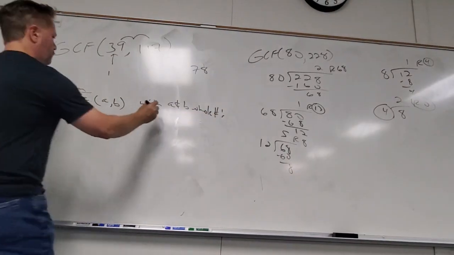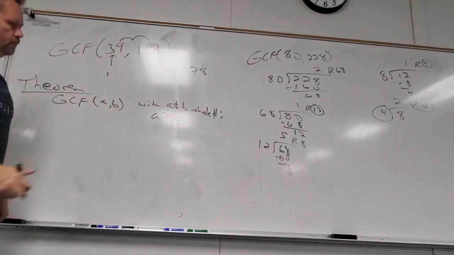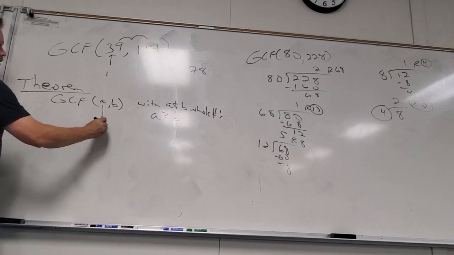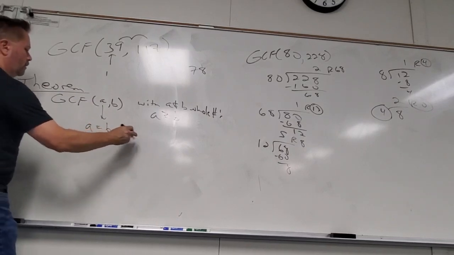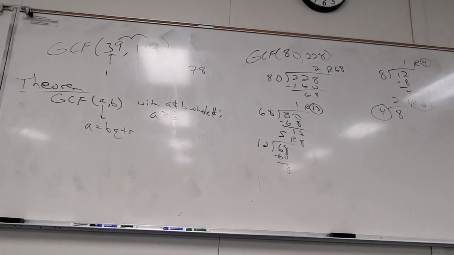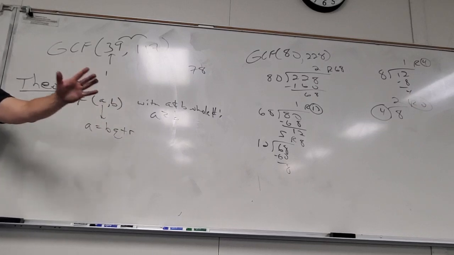A is greater than or equal to B. A equals BQ plus R. So what is that, Jeff? So if A is bigger than or equal to B, do you all agree that means that A is some multiple of B plus maybe a remainder?